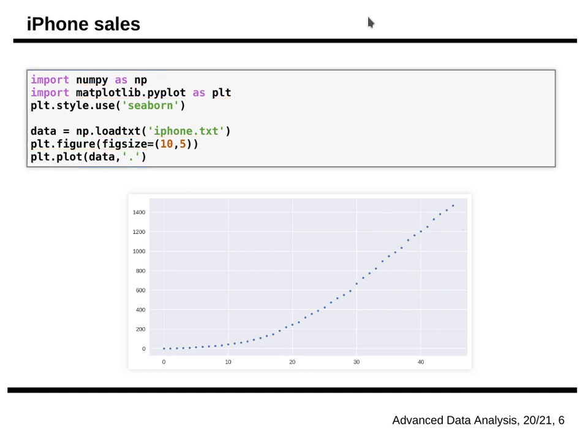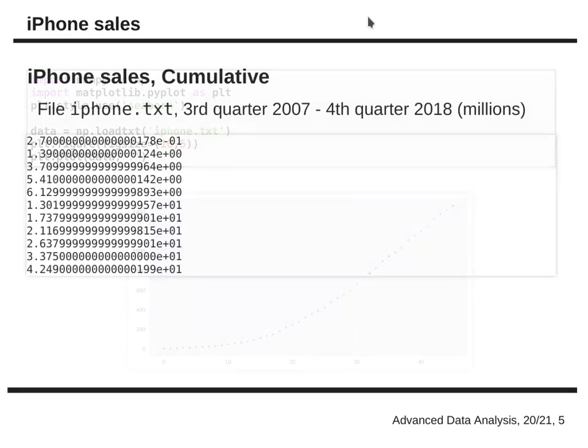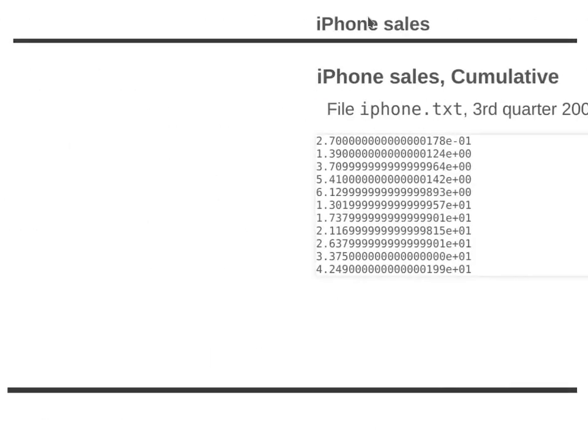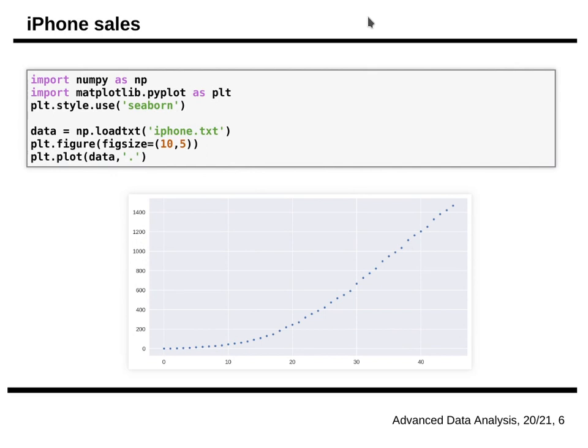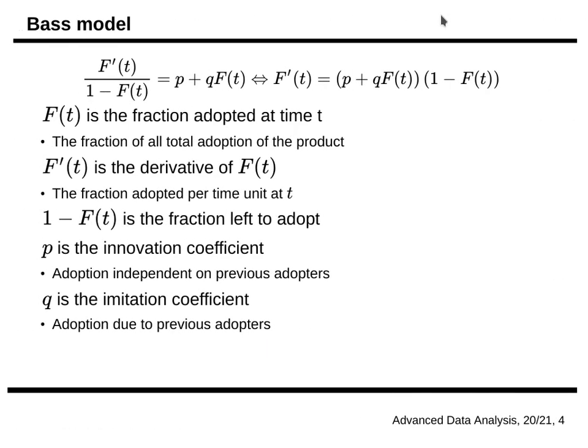So now we want to try to fit the Bass model here and try to look at these parameters, because the idea is not that we're going to use the Bass model to predict things. Well, in theory we could, but we don't know exactly how good our predictions will be because conditions may change. But one interesting thing here is that this model is actually trying to capture some parameters that mean things.